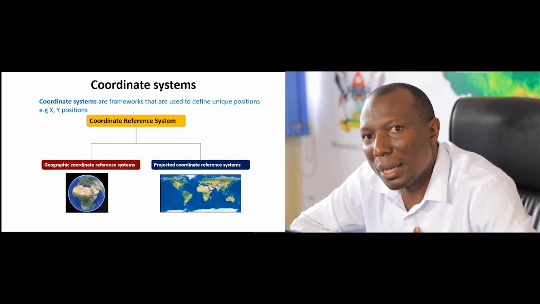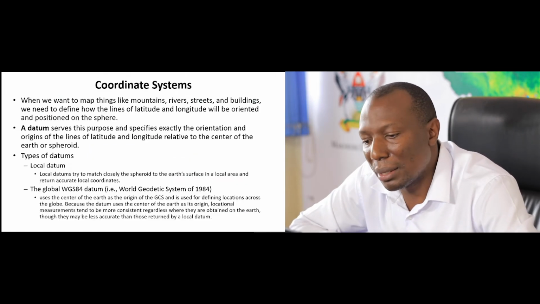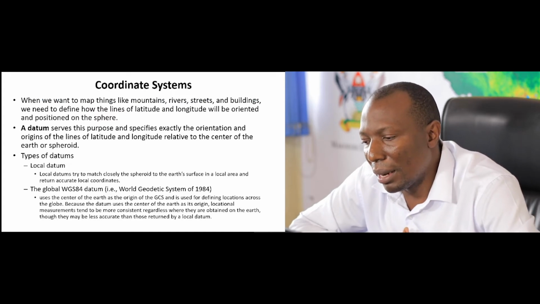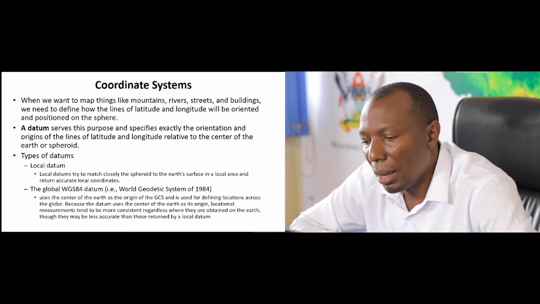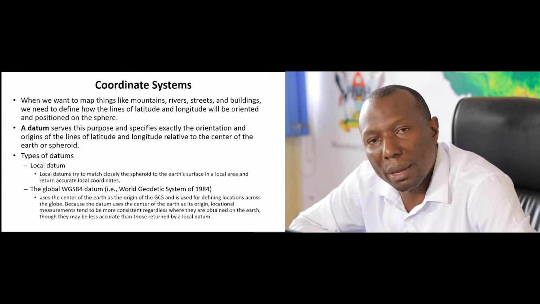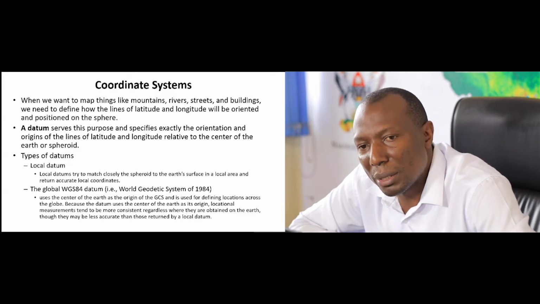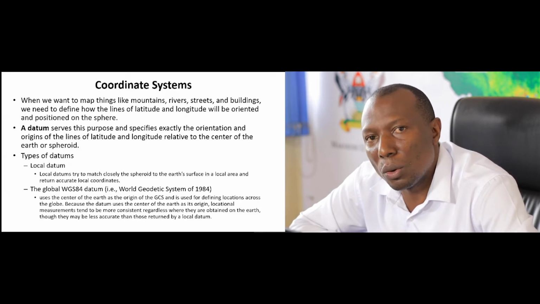So the key message here is that when we move to the software, you'll be seeing a term WGS 84, which is World Geodetic System. Here the reference is defining locations across the globe, and it's a datum which is preferred in GIS today. But we must appreciate that there are other local datums that surveyors, and anybody in the GIS and surveying field, will use.